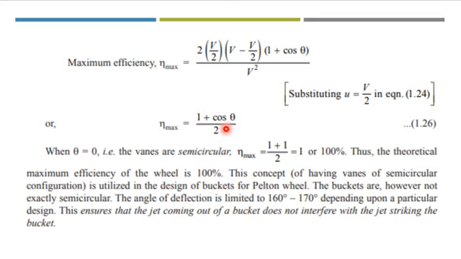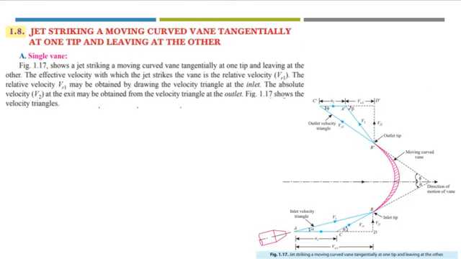There is some deflection angle which is limited to 160 to 170 degrees because of some reasons which we will discuss in detail when we study the Pelton wheel. This deflection ensures that the jet coming out of a bucket does not interfere with the jet striking the bucket. So efficiency in that case is slightly less than 100%, but if we go for a complete semicircular shape, then efficiency will be 100%.